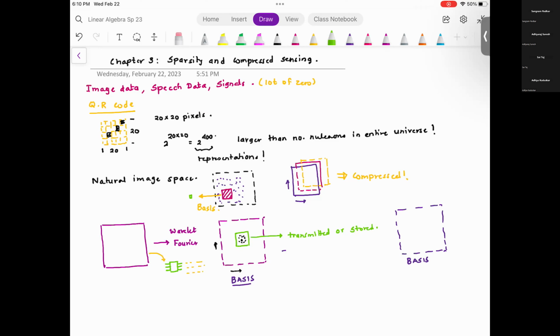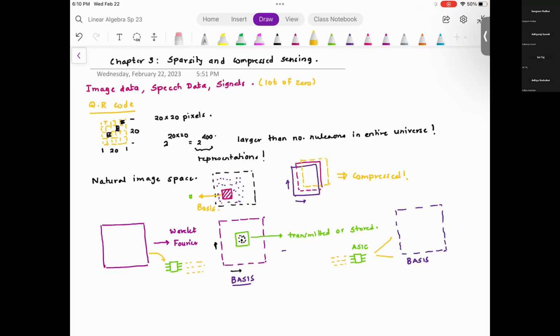And this transmission is received by another chipset at the receiver end, and this chip is also called an ASIC, application specific integrated circuit. The ASIC will receive these coefficients and then reconstruct the image.